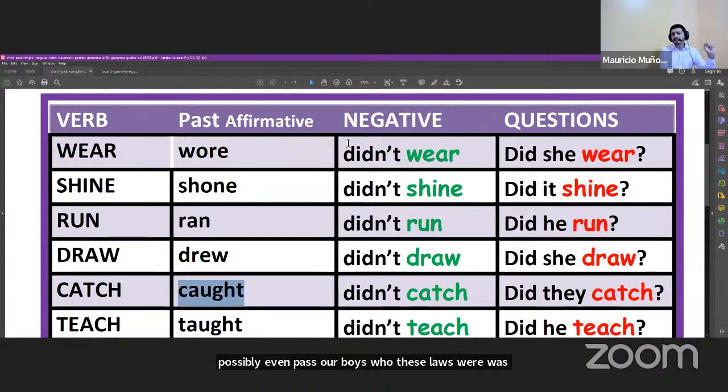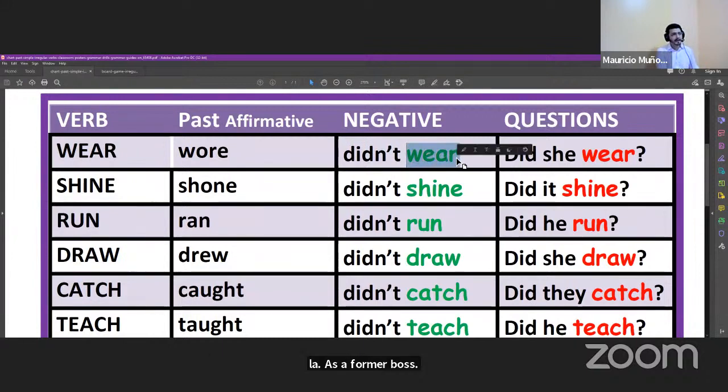Pero ¿qué sucede si queremos compartir algo que no hicimos? No se olviden que en pasado simplemente tenemos un solo auxiliar para todos, que es didn't. Al momento de hacer la negativa, el verbo regresa a su forma base. Forma base quiere decir que el verbo regresa a su forma normal, quiere decir presente. Okay?